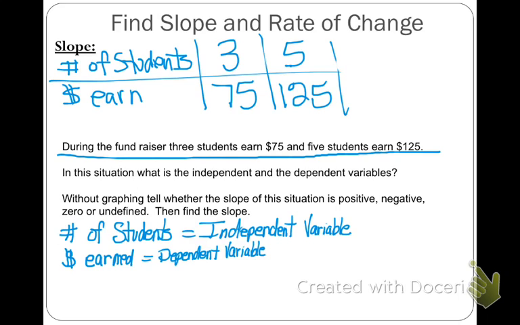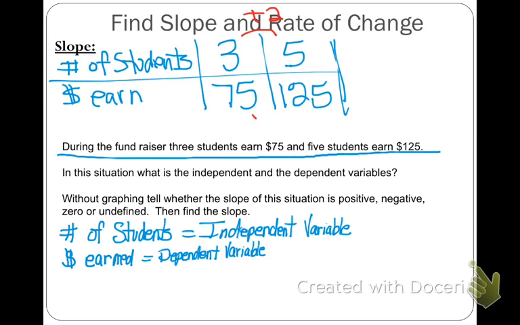So, without graphing, tell whether the slope of the situation is positive, negative, 0, or undefined. Well, let's take a look. When they talk about slope, they really mean rate of change. So let's look at our rate of change. Our change in x is going up by 2.